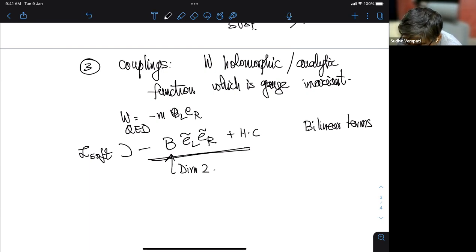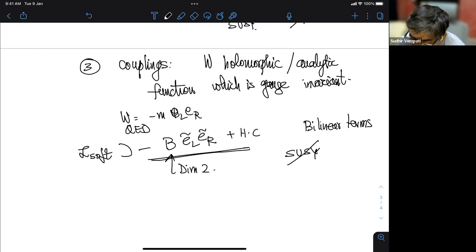It takes the same form as W, but it doesn't come from W. It doesn't come from K. It doesn't come from any of the supersymmetric invariant potentials or functions. So this is a SUSY breaking term.